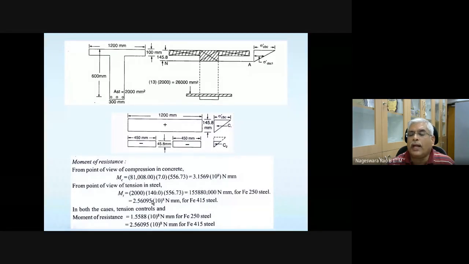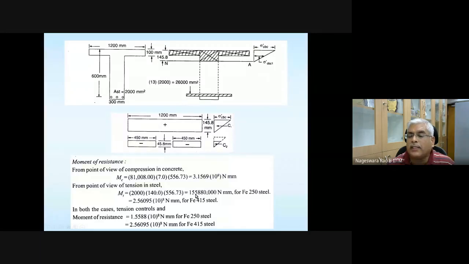Depending on which steel you take, your moment of resistance is going to be different, because the MT value is different. In this case, you can take note, 3.1 something raised to the power 10 to the 8.